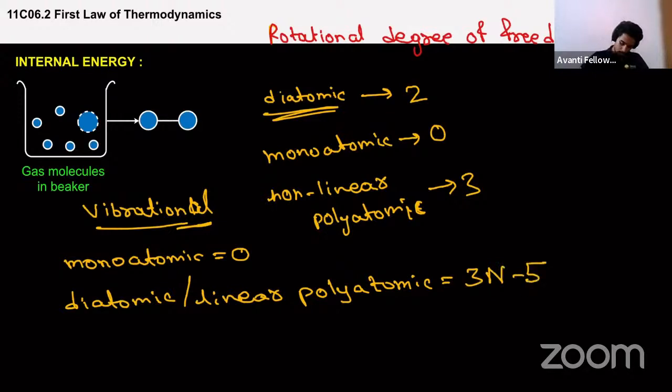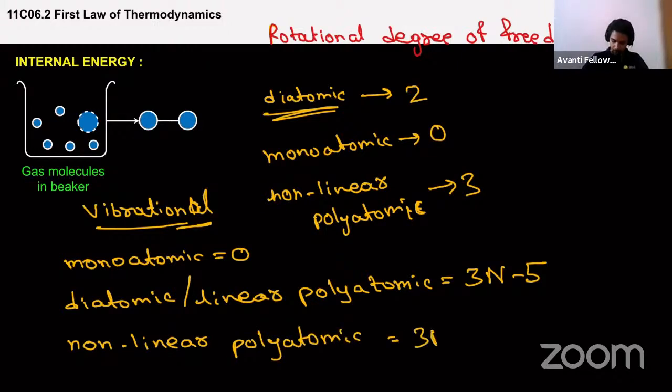Or if we go for non-linear polyatomic molecules, the degree of freedom will be 3n minus 6. What is n? n is nothing but atomicity. Okay. Clear with that? Simple things. These you need to remember.